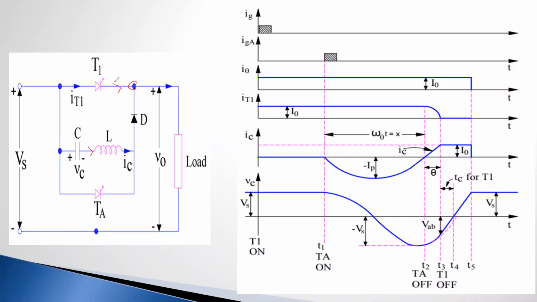For example, this is the IT1, and whatever current is coming through this diode is the IC, and whatever current is flowing through the load circuit is the I0. Clear?